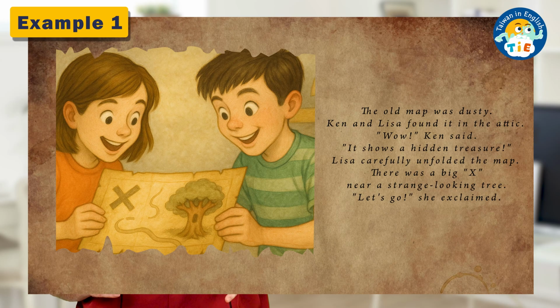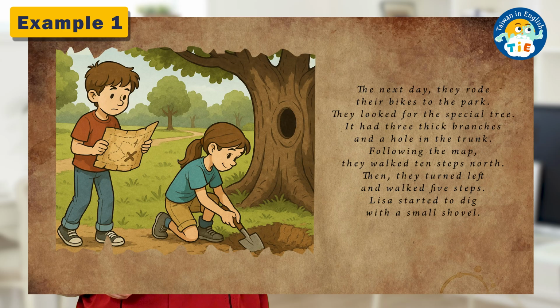The old map was dusty. Ken and Lisa found it in the attic. "Wow," Ken said. "It shows a hidden treasure." Lisa carefully unfolded the map. There was a big X near a strange-looking tree. "Let's go," she exclaimed. The next day, they rode their bikes to the park. They looked for the special tree. It had 3 thick branches and a hole in the trunk.